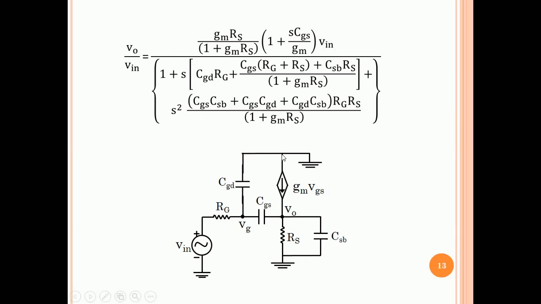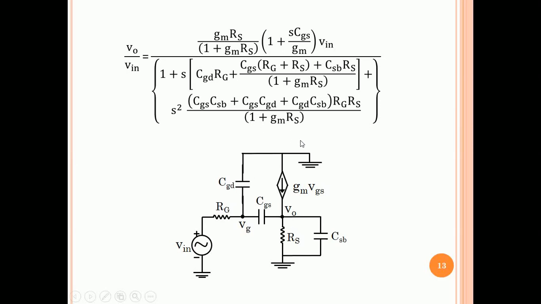Razavi has a nice small section on finding the expression for the 0 without solving the transfer function. I don't use it much, but it's a very nice, nifty method. So I suggest that you go through Razavi and learn that method of finding the 0. The fact that the 0 is GM by CGS, you can find this expression without deriving the transfer function.